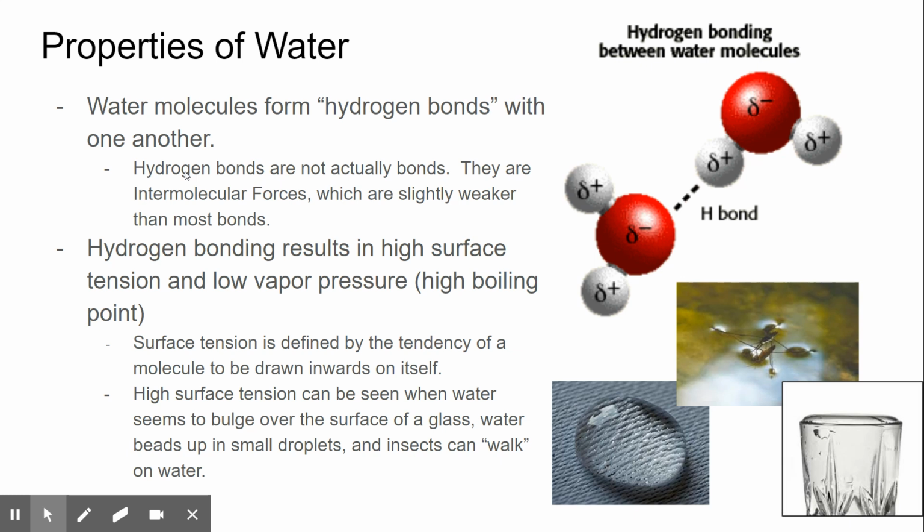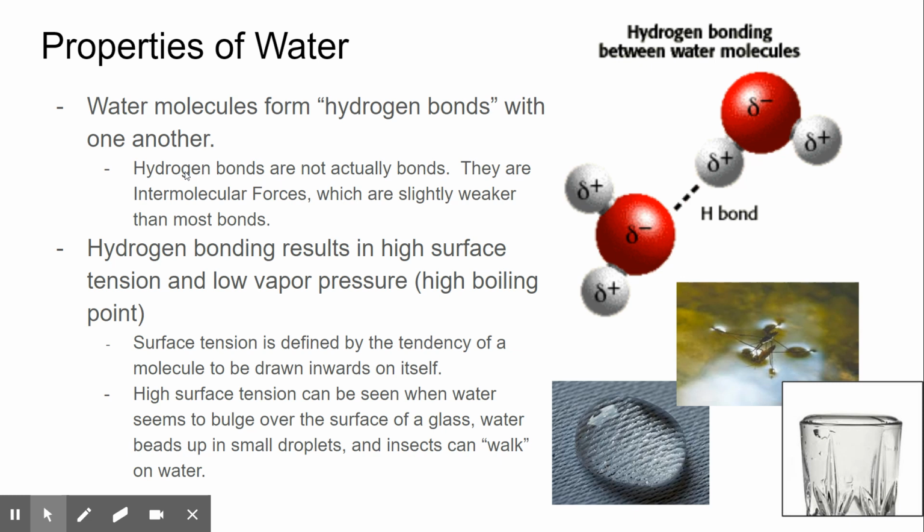So hydrogen bonds are intermolecular forces. They're slightly weaker than the intramolecular bonds, so slightly weaker than covalent bonds and ionic bonds. But hydrogen bonds are still relatively strong. They're the strongest intermolecular forces there are.